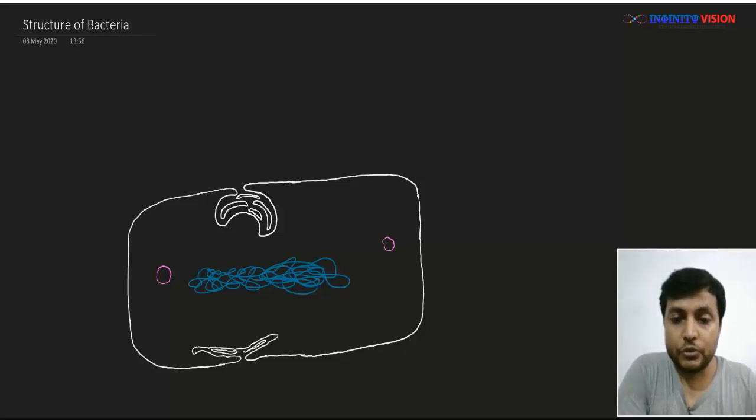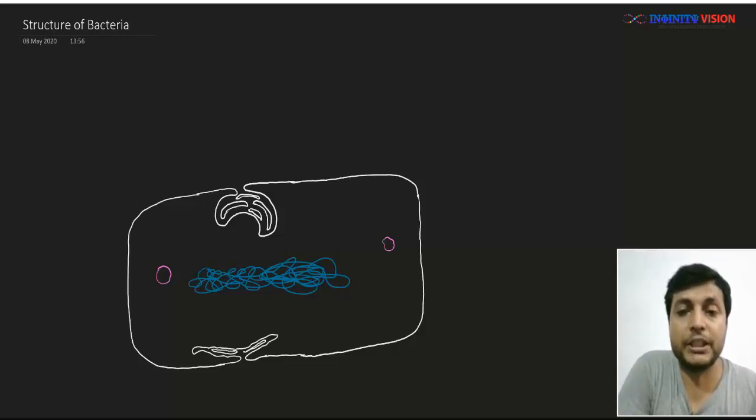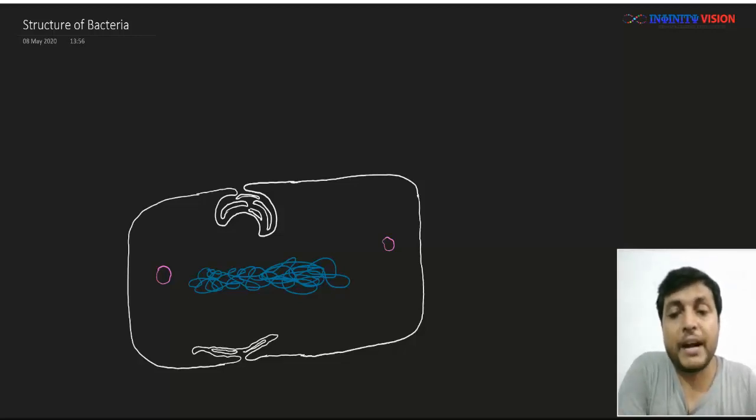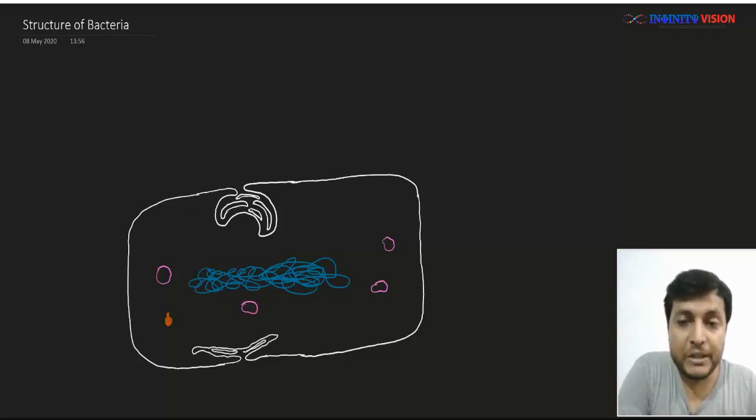What I have drawn here is the long double-stranded circular DNA, that is the chromosomal DNA of the bacteria. Apart from that, I am also drawing these pink colored circular structures. These are also DNA, but not chromosomal DNA; they are extrachromosomal DNA known as plasmids.